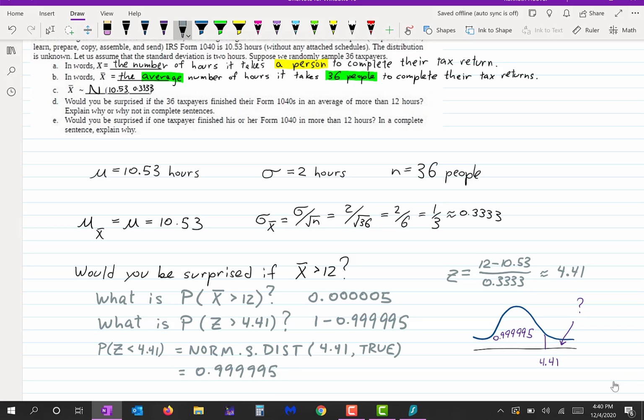So now I think you can make an educated answer to their question. Would you be surprised if x bar was greater than 12? Now that you know the probability of x bar being greater than 12 is this number right here. That's a tiny number, right? So the probability of that happening is tiny. So would you be surprised if it happens? I certainly would. You see what I'm saying?